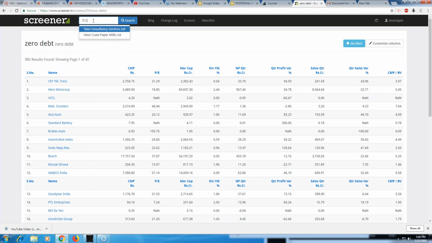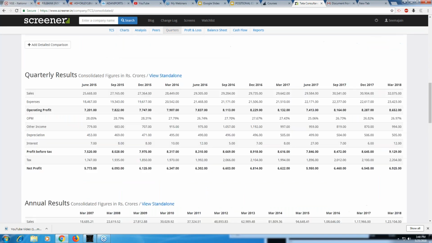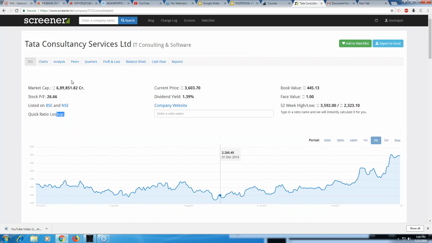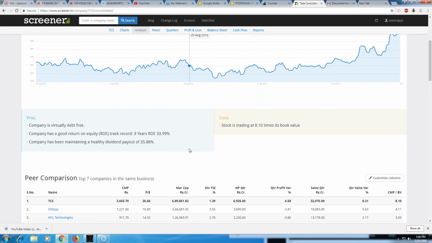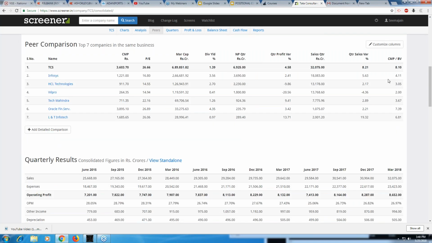as well as to study about the particular company's fundamentals and their quarterly profits and losses. So this is TCS. You can get to see the market cap, the current price, the book value, PE, etc., the dividend yield you can see, and you can read about the company's pros and cons, and then you can compare it with its peers, and then you can go to the sales.